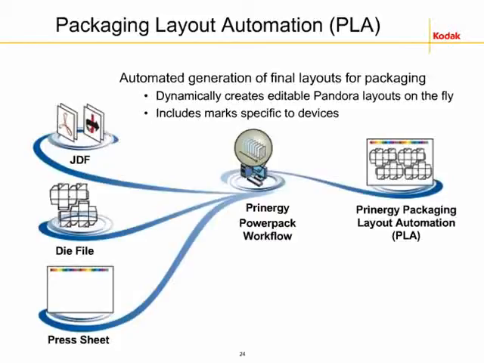If you've got 3 different one-ups and you have 3 lanes, and you decide you want to run just 2 one-ups, and you want to run one of the one-ups in 2 lanes and the other one in the 3rd lane, all you have to do is just reassign one of the one-ups to the 3rd lane, and then it'll automatically be updated. You don't have to go back into Pandora and create a new layout and create a new composite file. The system is completely dynamic, and the files are always updating themselves.